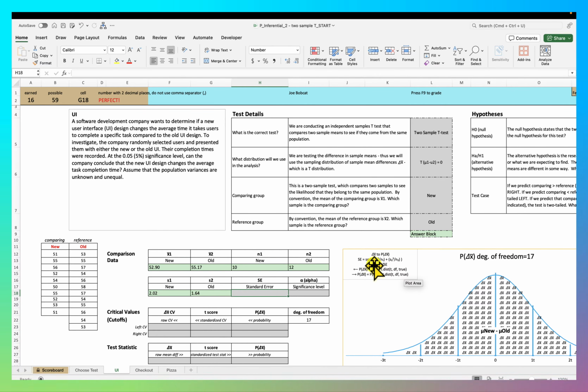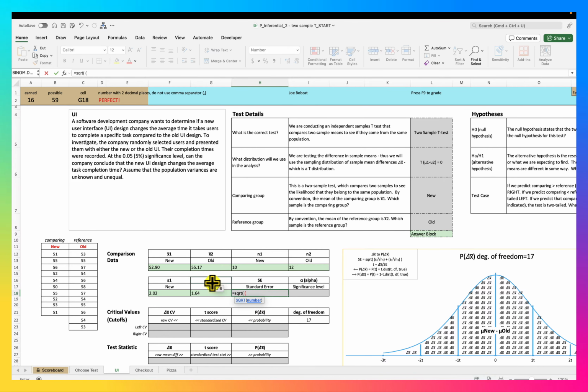It's going to be the square root of s1 squared divided by n1 plus s2 squared divided by n2. We're going to have to use lots of parentheses to pull this off to make sure that all the operators stay with what they're supposed to stay with. So square root, open parentheses, then we'll skip a space just so we can keep our parentheses straight.